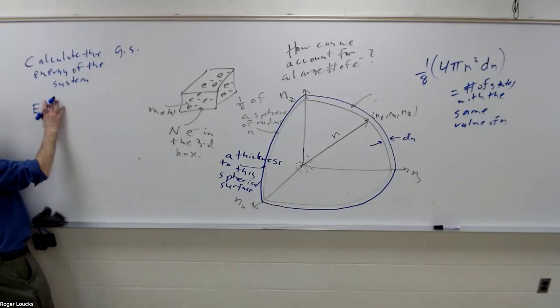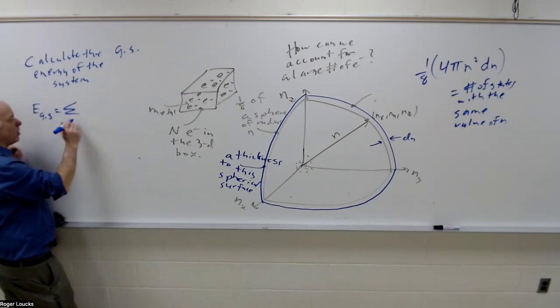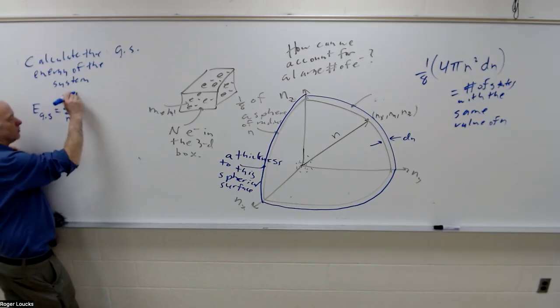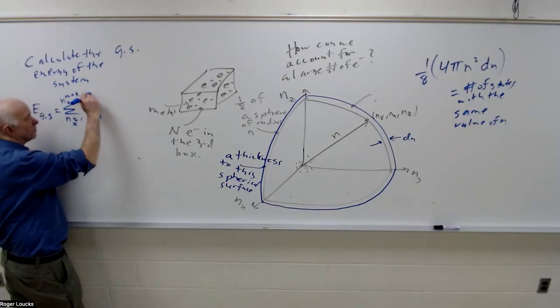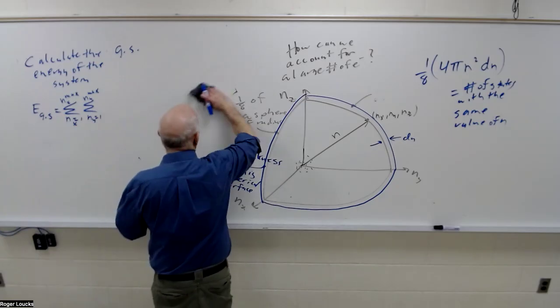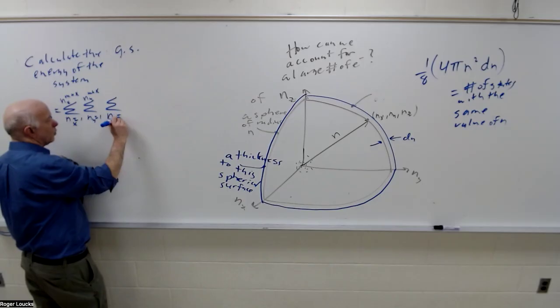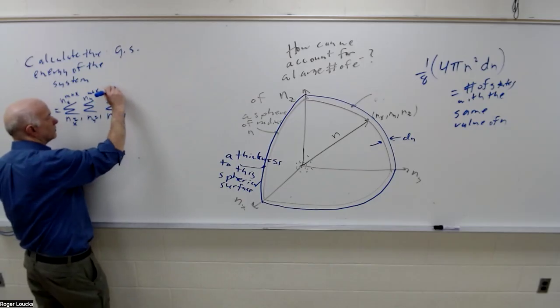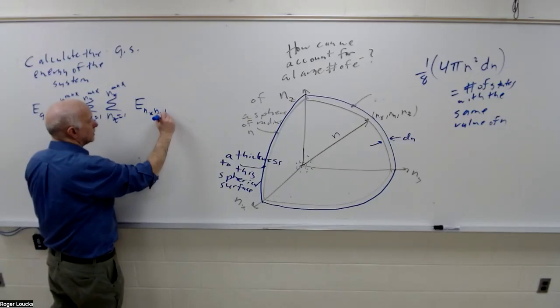So I said the ground state energy of the system would be what? I have to sum up over all the nx values from 1 to some nx max, sum up all the ny values from 1 to ny max, and sum up nz from 1 to nz max of this E of nx, ny, nz.